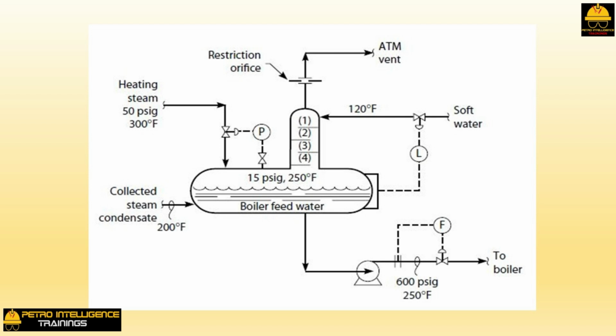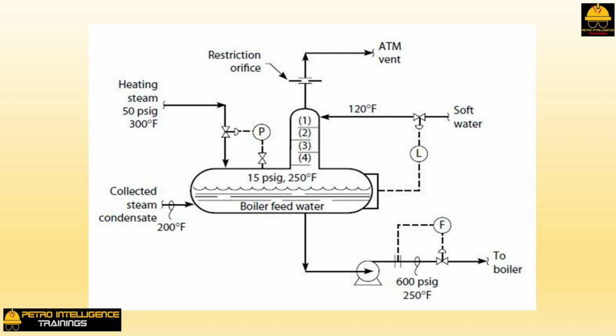The level in the deaerator would fall, and the flow of 120 degrees Fahrenheit soft water into the deaerator would increase. 4. Suddenly, the flow of softened water would increase exponentially. The level control valve would rapidly open. Yet, the level in the deaerator would slowly continue to fall until the pump lost suction and cavitated.